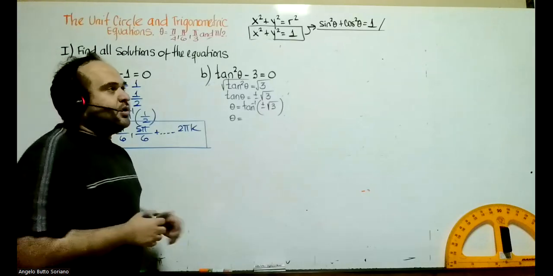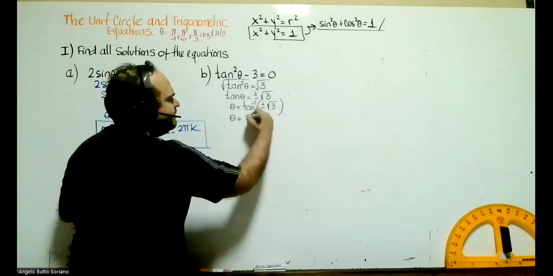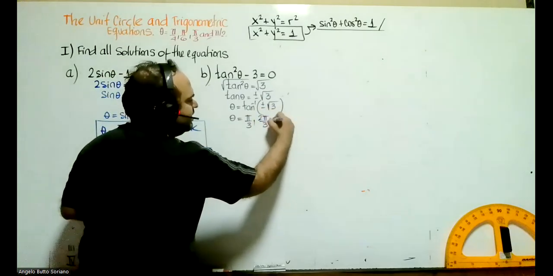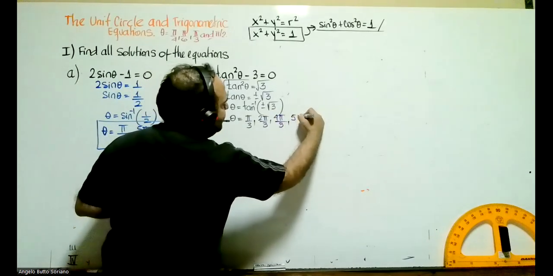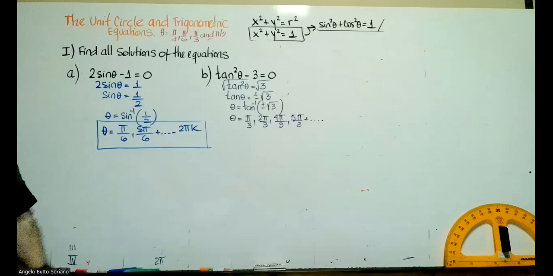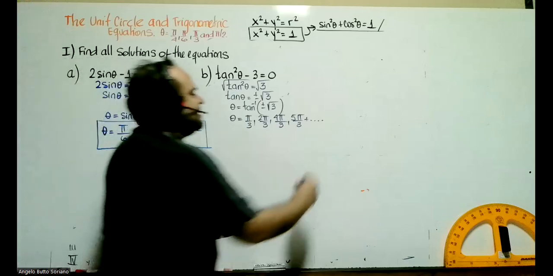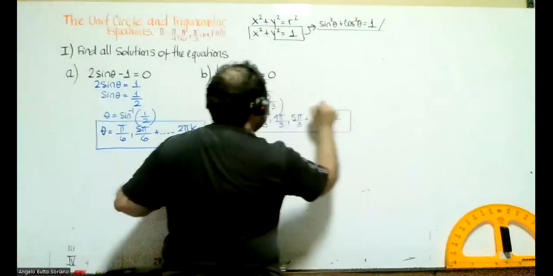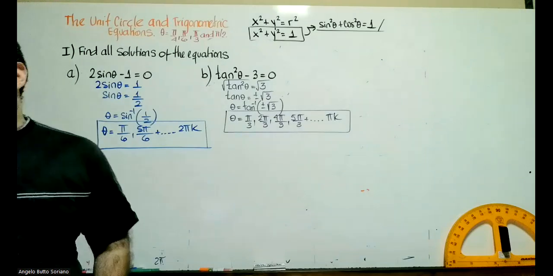For that reason, the values that fulfill that result are pi over 3, 2 pi over 3, 4 pi over 3, and 5 pi over 3, plus, because the full period of tangent and cotangent is pi, pi k. And this is going to be the solution set of this second trigonometric equation.